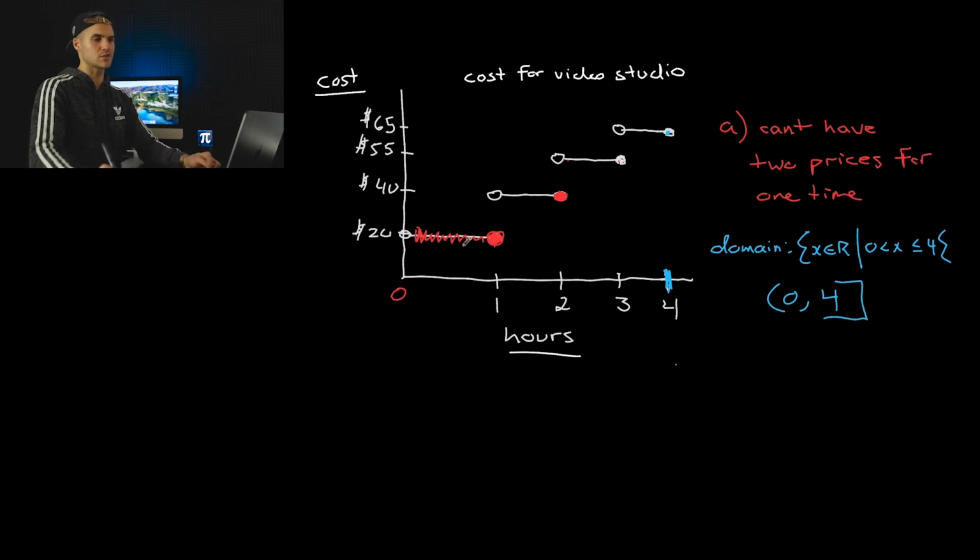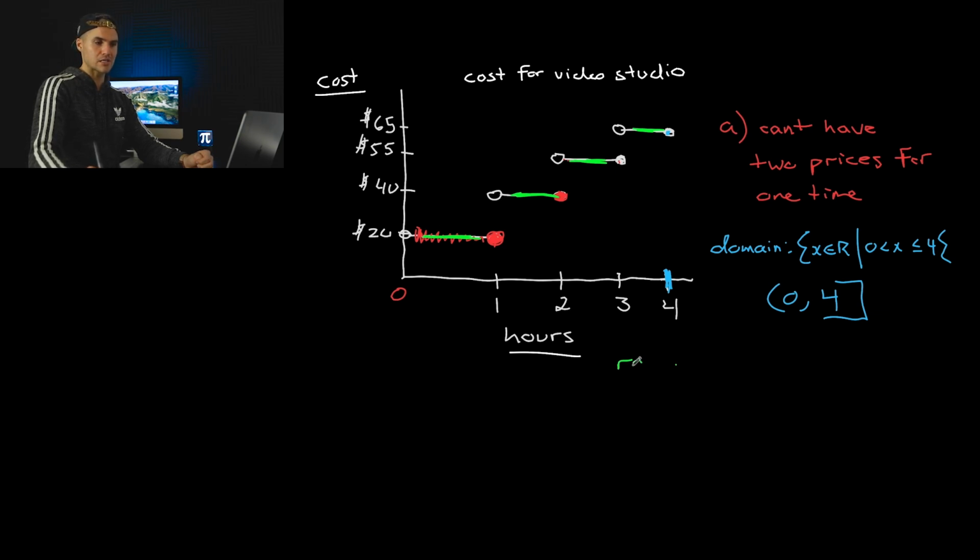Now, what about the range? Well, notice that for the range, which is the cost, the y variables are representing the cost here. There are only 4 prices. So it's 20, it's 40, it's 55, and then it's 65. There are no prices in between.